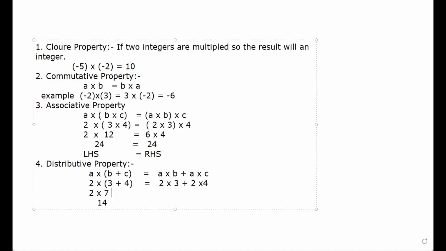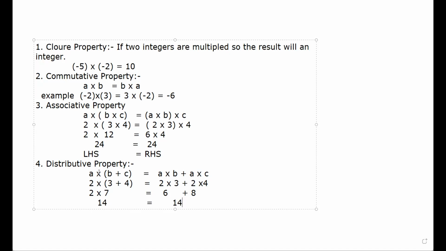My dear students, after that you can see 2 into 3 will become 6, and this 2 into 4 will become 8. So my dear students, you can see that 6 plus 8 will become 14. So my dear students, you can easily see that left hand side is equal to right hand side.